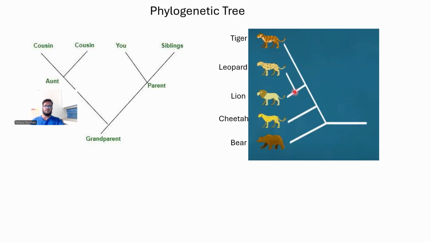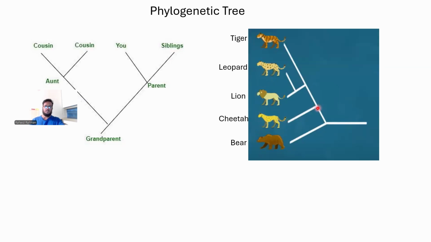Because they come from right here, the same ancestor. Now, if you take this non-leaf node and extrapolate, you can find another ancestor who gives birth to what is called the tiger. So both lion and leopard are equally distant from the tiger, and they share a common ancestor, right? And then you have the cheetah, which is even farther away.